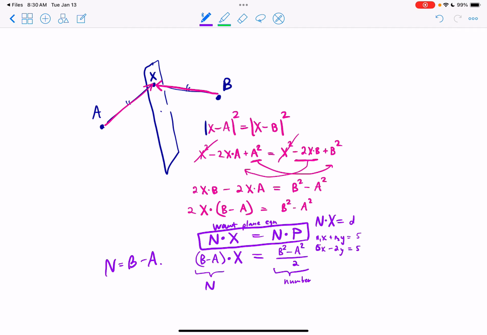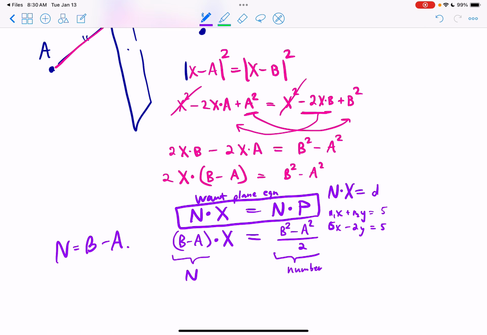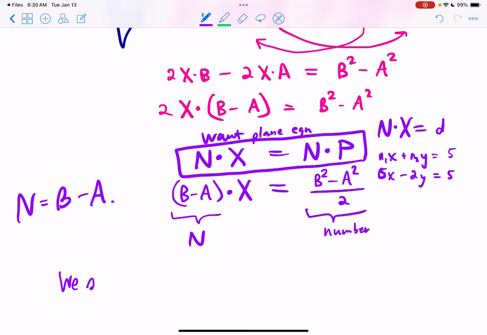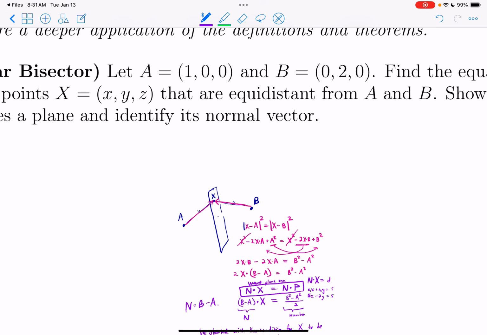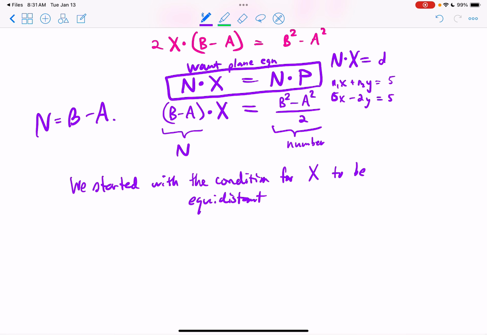And I might add some words to explain what's happening here. So we started with the condition for x to be equidistant. That's the word they used, I think. I wouldn't have used that word, but they said it. All the points x are equidistant from A and B. Did algebra.